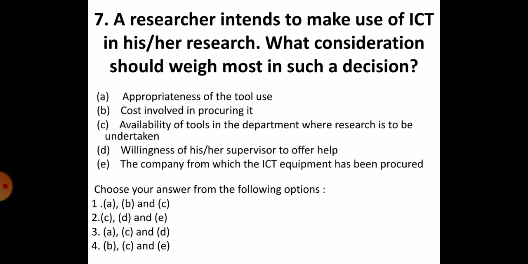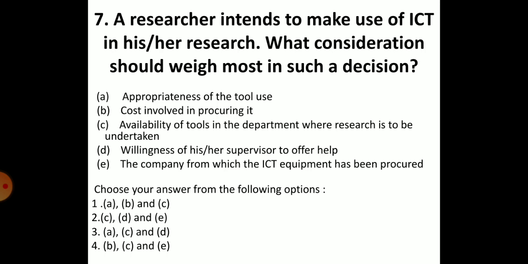Question number 7. A researcher intends to make use of ICT in his or her research. What consideration should weigh most in such a decision? Options: appropriateness of the tool used, cost involved in procuring it, availability of tools in the department where research is to be undertaken, willingness of his or her supervisor to offer help, the company from which the ICT equipment has been procured.